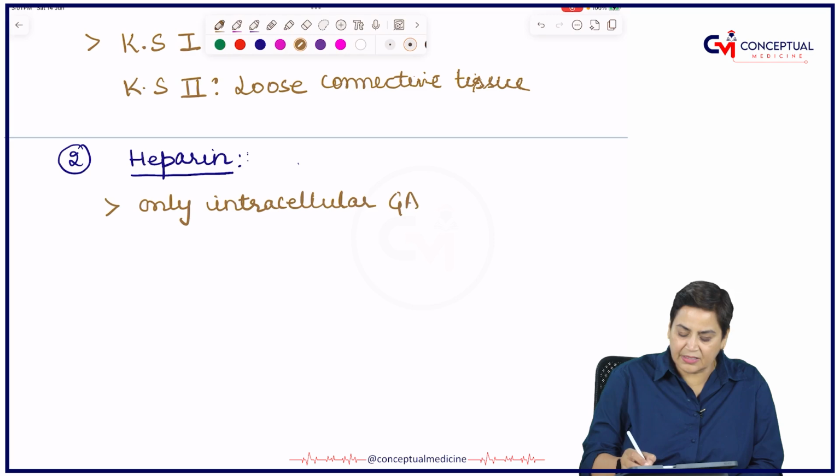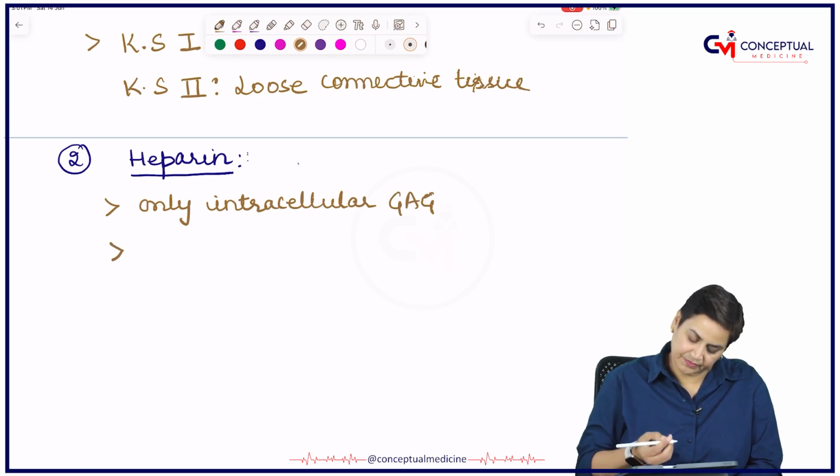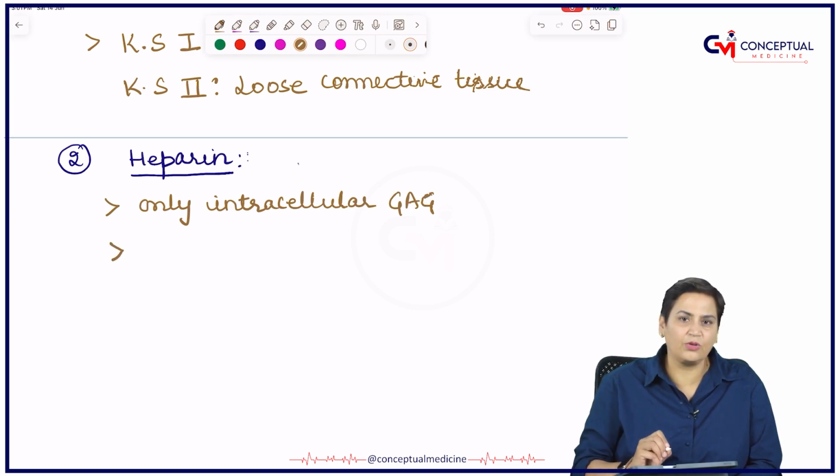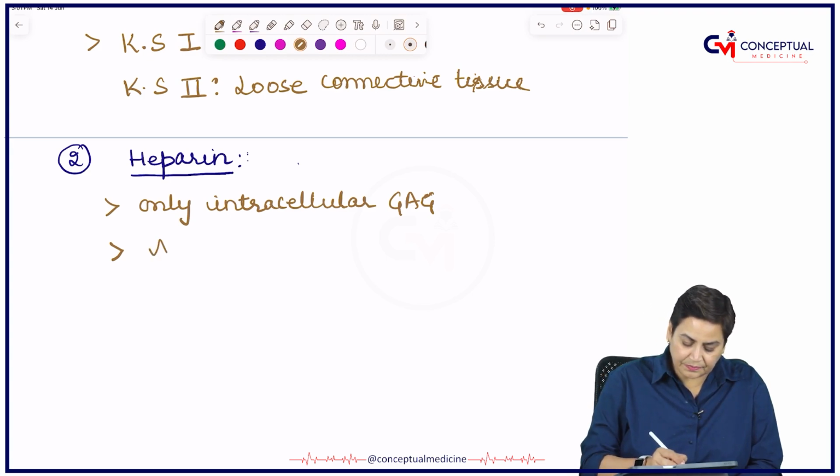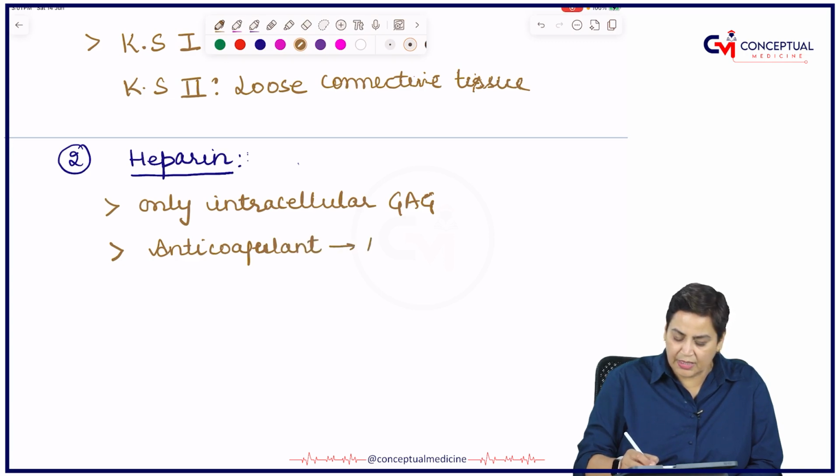Second important property is that it has iduronic acid, and this is the most important anticoagulant, which binds to antithrombin 3, the thrombin 3 factor.